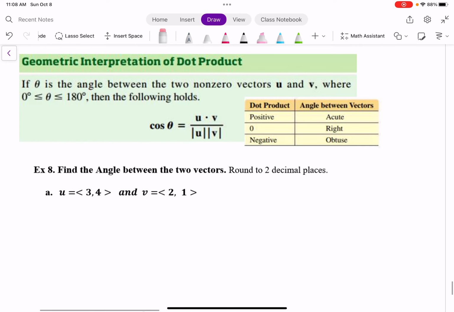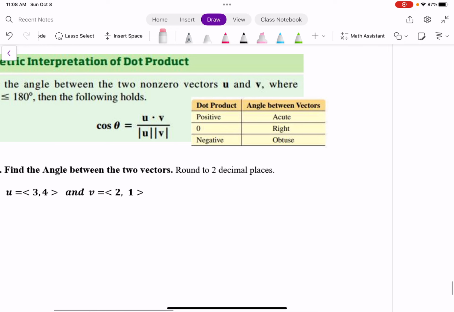We got a new formula. We have cosine theta equals u dot v divided by magnitude of u times magnitude of v. Okay, let me ask you, if I have two vectors, this is v, this is u, this is the angle between v and u.